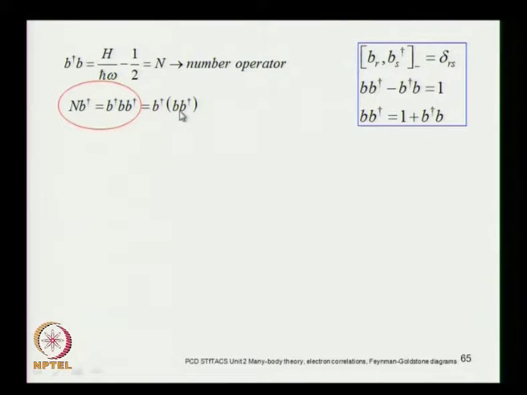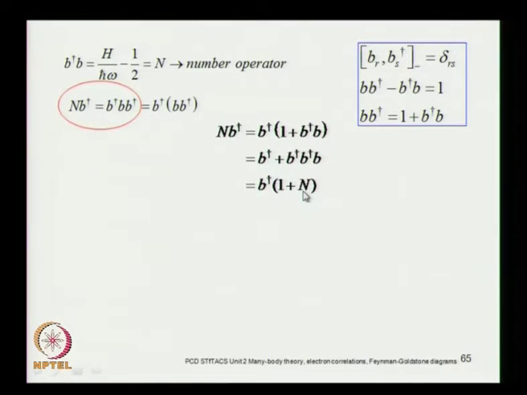So, I can think of this as b b dagger, but b b dagger is 1 plus b dagger b, or it is equal to n plus 1, because b dagger b is the number operator, right. So, this operator is n plus 1. So, this n b dagger becomes b dagger times 1 plus n, or n plus 1.